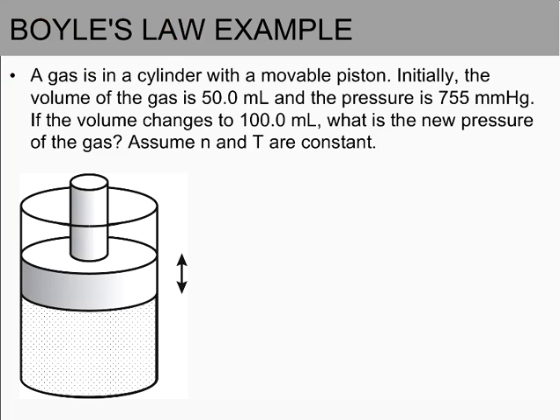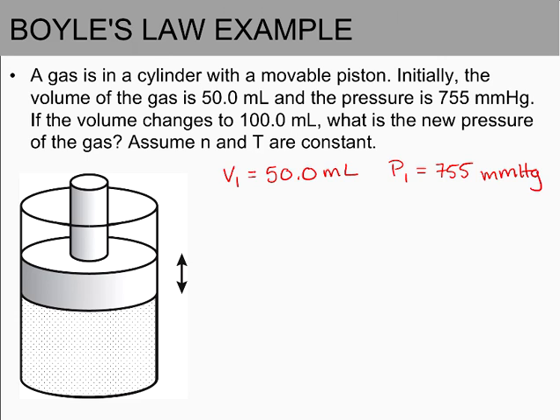So down below, imagine we have a gas in that cylinder, and initially the volume of the gas is 50 milliliters, and the initial pressure is 755 millimeters of mercury. So that's our V1 and P1.